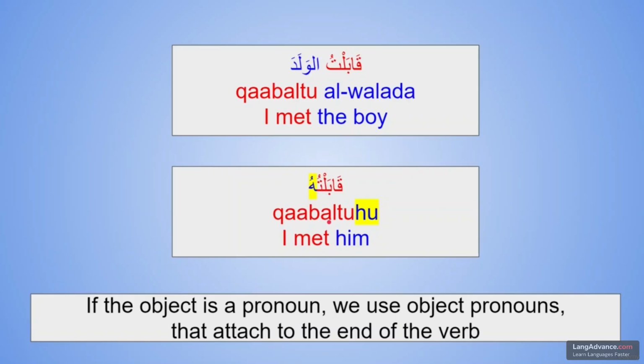In this case we will use what we call object pronouns, and it is just a suffix that is added to the verb. So it would be I met him, قابلته. And let's explore these object pronouns.